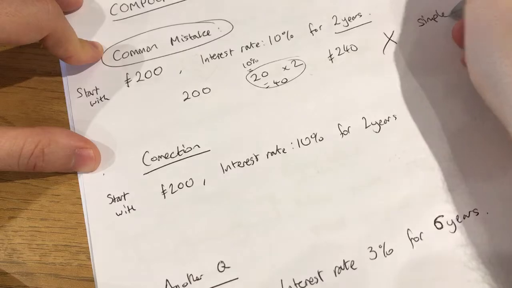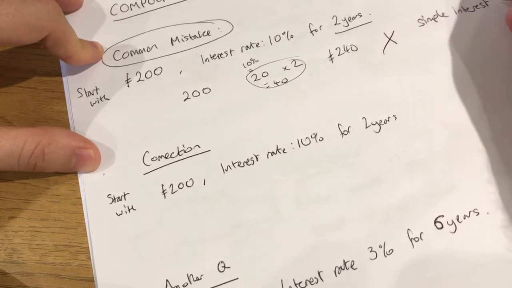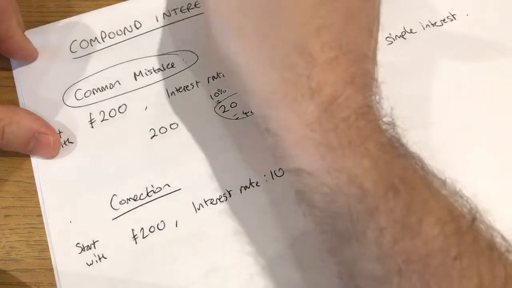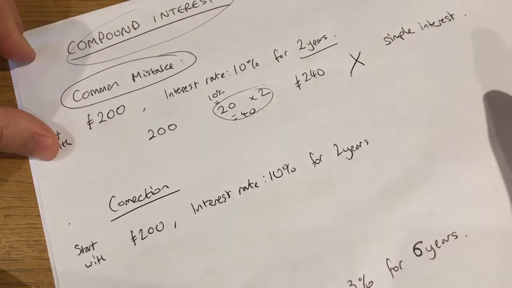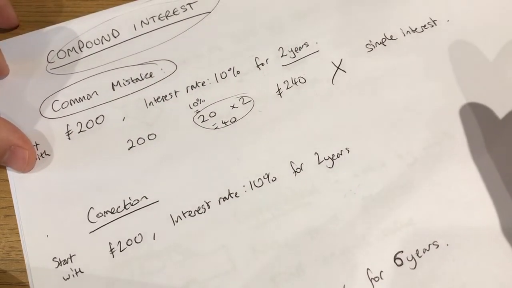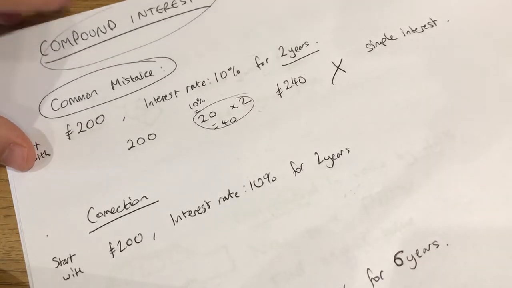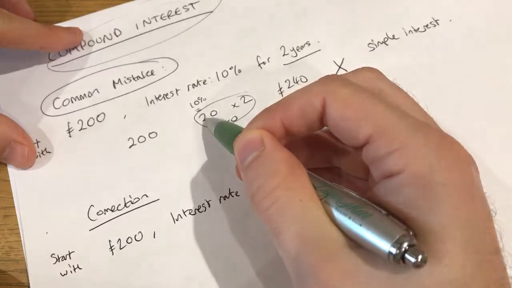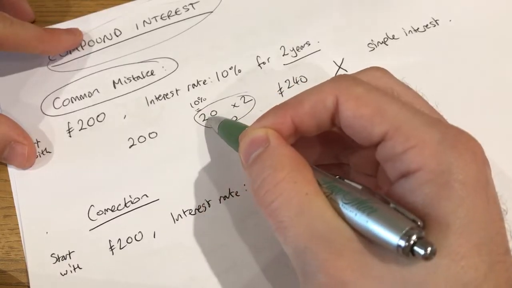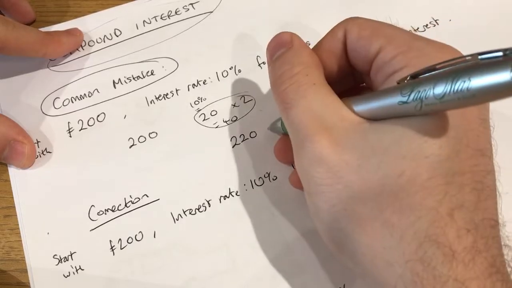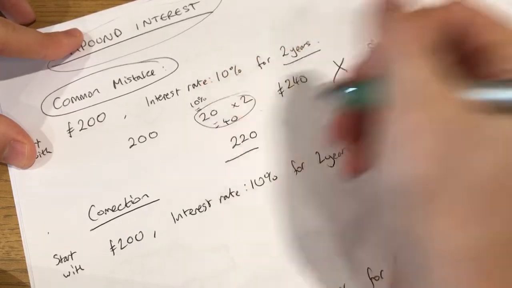That's actually simple interest. The reason that's wrong for compound interest is because compound interest is interest on interest. In the first year, 10% would just be £20. But then you'd have £220, and you would then increase that by 10%.